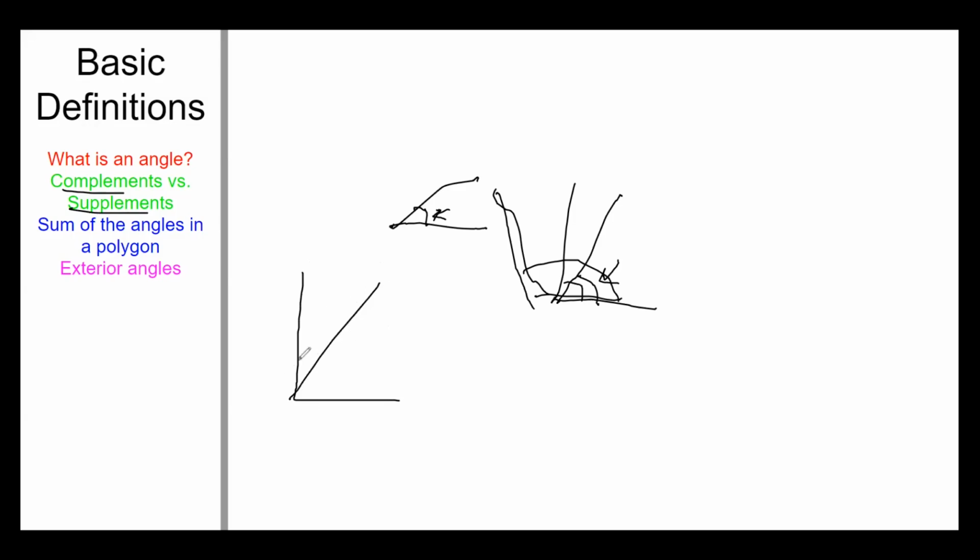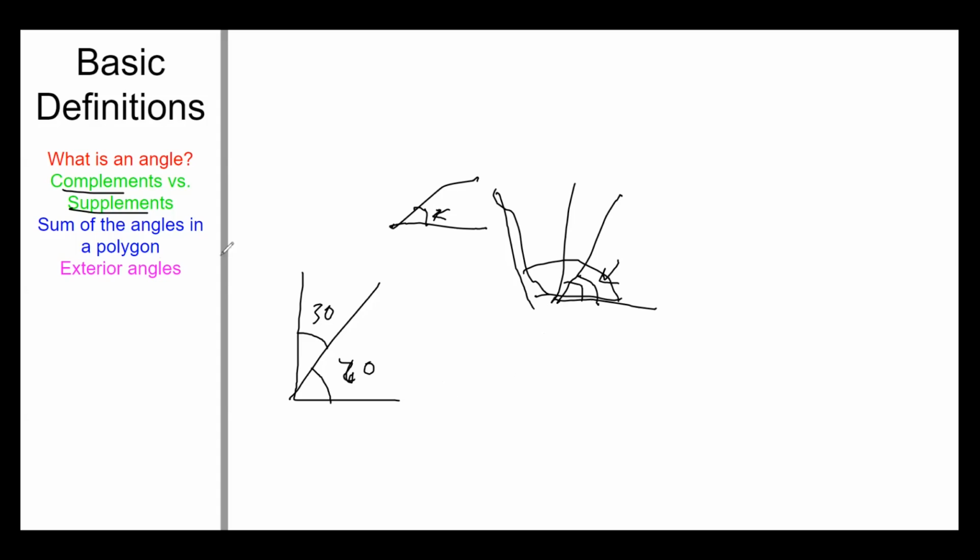So if we take this right angle and draw a line through it, this angle here and this angle here are complementary angles. For example, if this angle is, I don't know, 60, then this angle will be 30 because they add up to 90 degrees. So 60 and 30 are complementary angles.